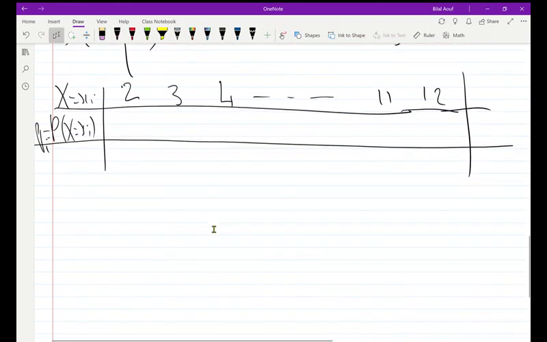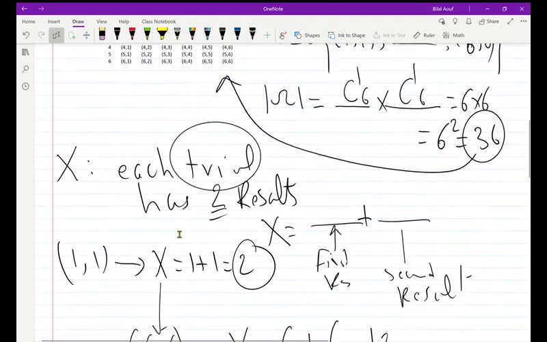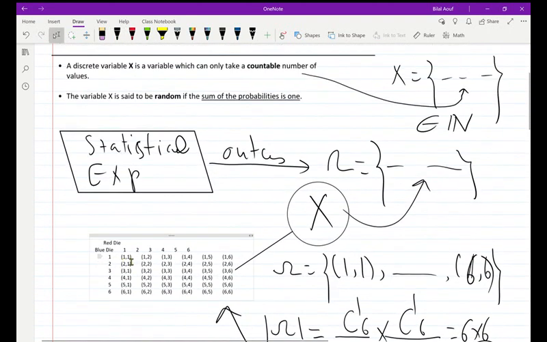So I go back, for example, the probability of X equal 2. What is the source of 2? 2 comes from 1 plus 1. It means the outcome, this one.